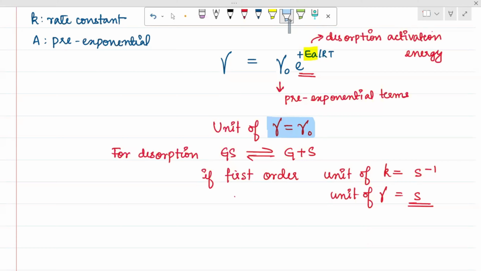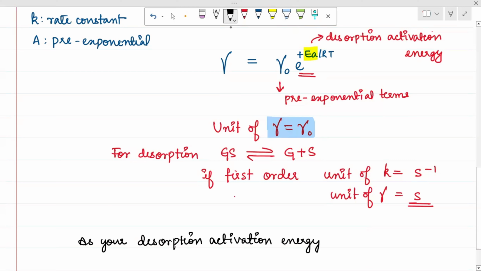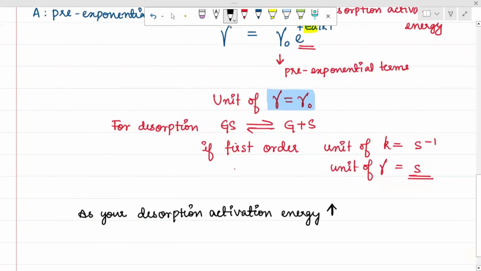So the physical meaning of this is, as your desorption activation energy increases, it means it is difficult to desorb the gas from the solid surface. Correct?